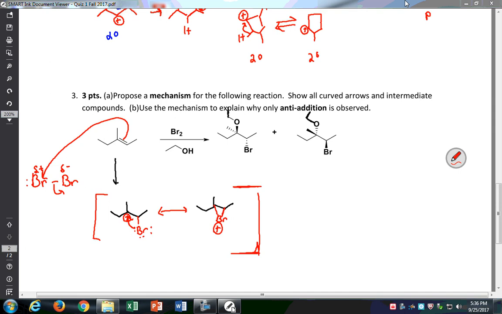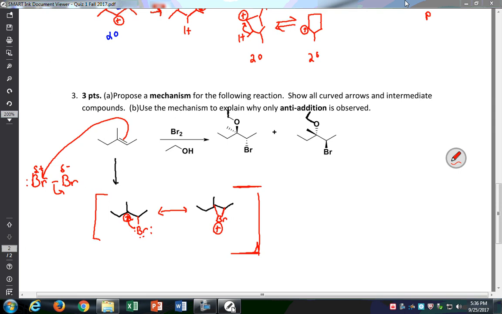If it wasn't for that, then we would get a racemic mixture because we can attack the carbocation on both sides. So we know that the carbocation doesn't exist in any large amount because we don't get a racemic mixture. We only get anti-additions. Also, you never see a rearrangement with this because, again, you have this bromonium ion, and this carbocation, whether it's tertiary or secondary, would be more stable because of resonance.